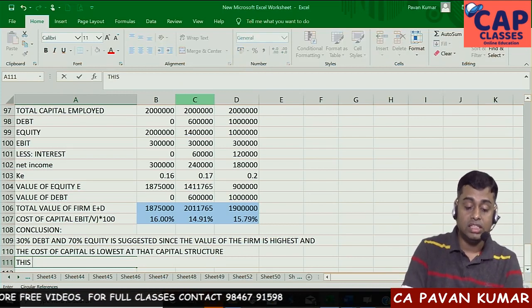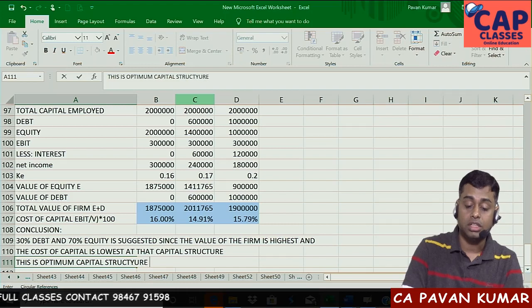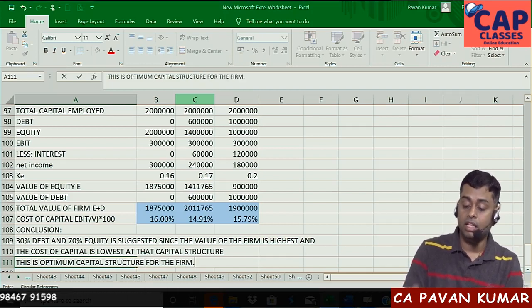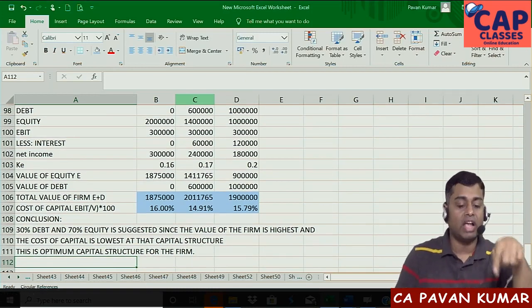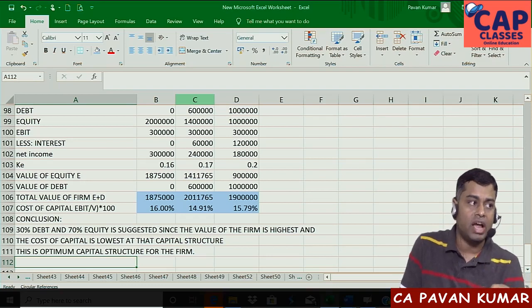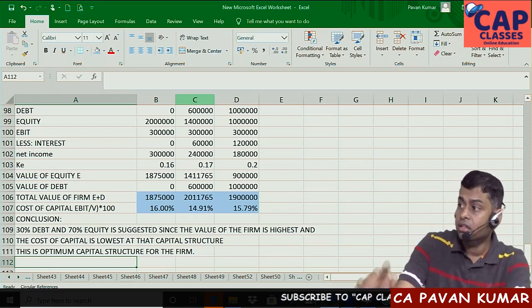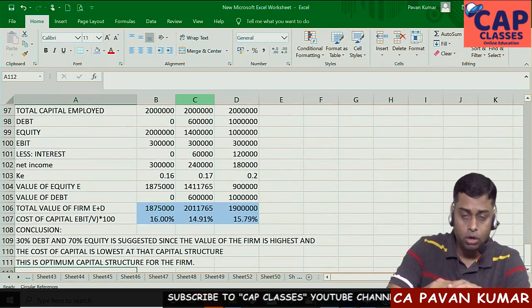So this is the optimum capital structure for the firm. That's it. If you observe, the procedure we followed to calculate value of the firm and cost of capital is just similar to your net income approach. So check the calculations, check the answer. Are you able to follow?